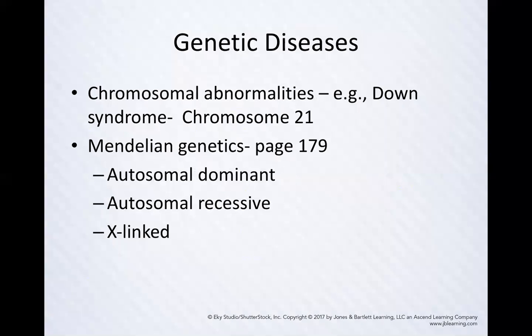Things can get passed on, and someone can be a carrier and not show the symptoms. It could be passed only through the mother, or it can be passed on. So look at page 178 and get your head wrapped around this whole idea of recessive genes and dominant genes.